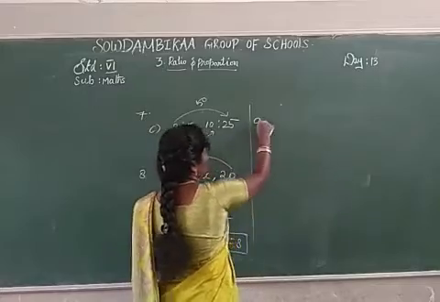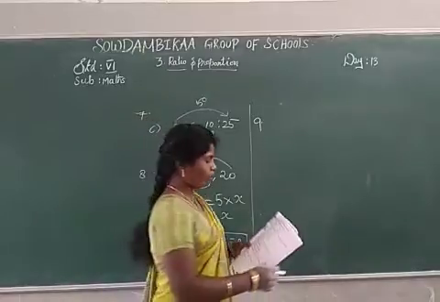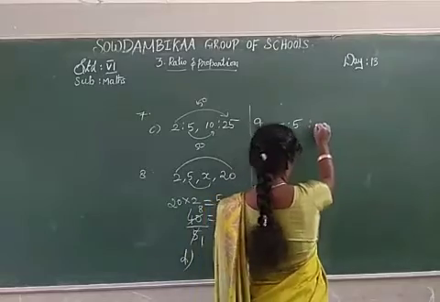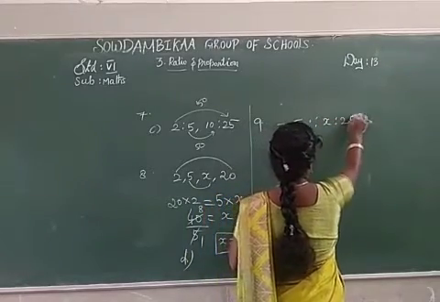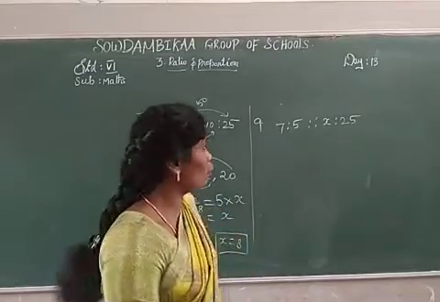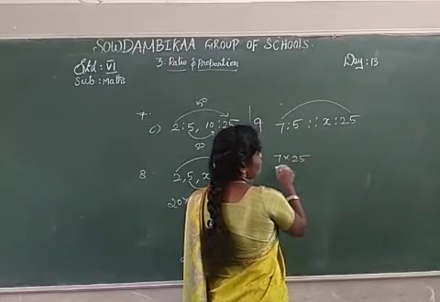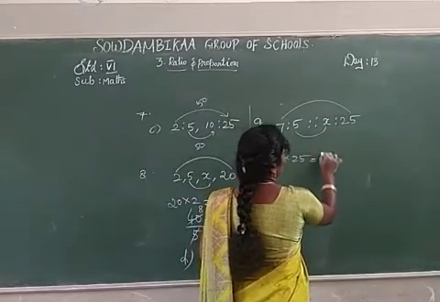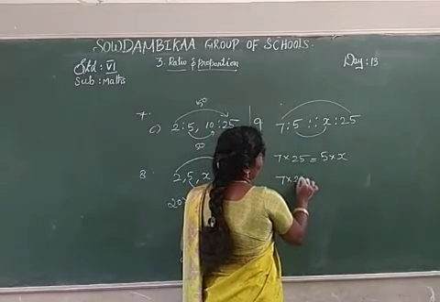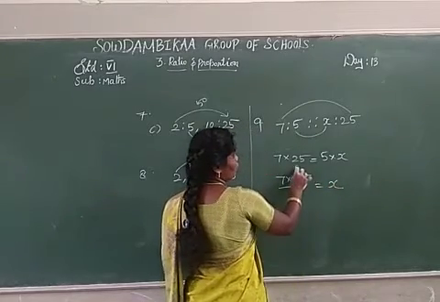Next, question 9. If 7 is to 5 is in proportion to x is to 25, now find x. The extreme term is equal to the mean term. 7 into 25 divided by 5 is equal to x. 1 5 is 5, 5 5s are 25.